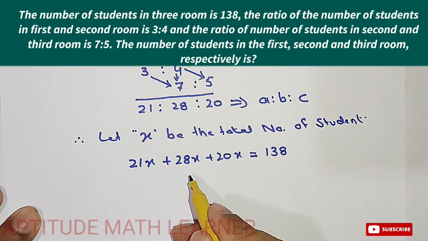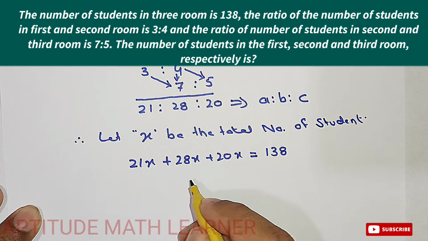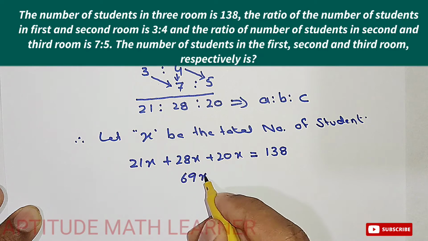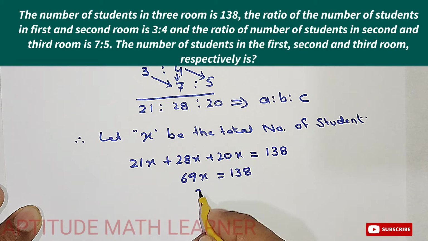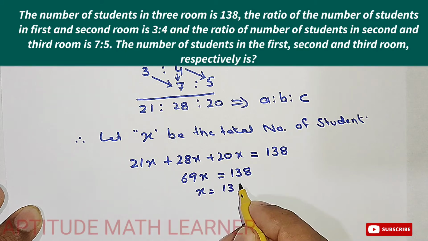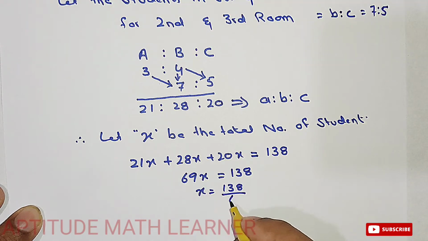Now 21 plus 28 plus 20 becomes 69. So 69x is equal to 138, and x is equal to 138 divided by 69.